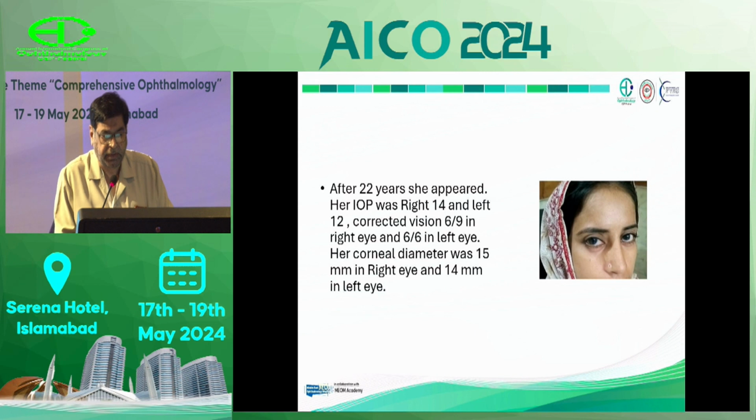After 22 years, she reappeared. Her IOP in the right was 14 and left 12, corrected vision 6/9 in right and 6/6 in left. Her corneal diameter was 15 mm in right and 14 mm in left eye.